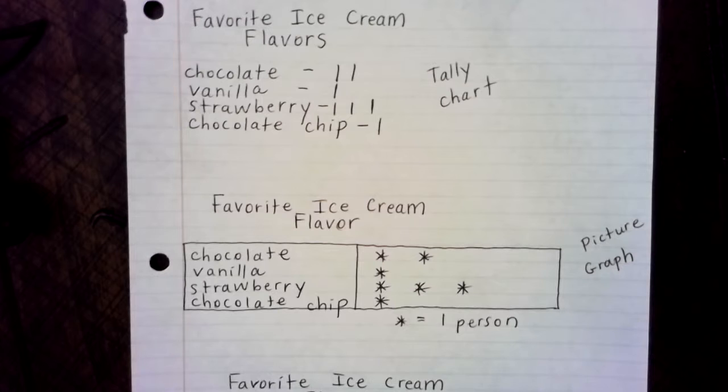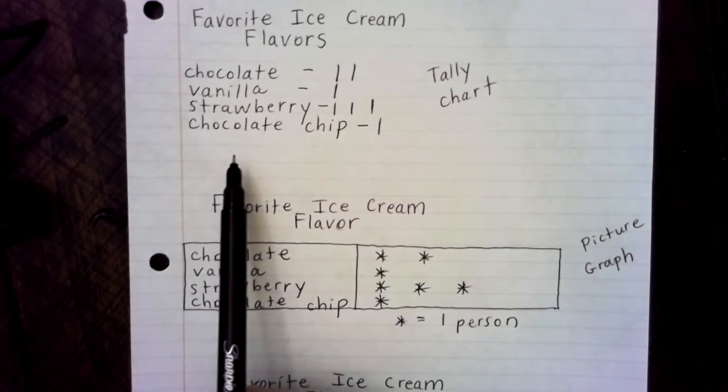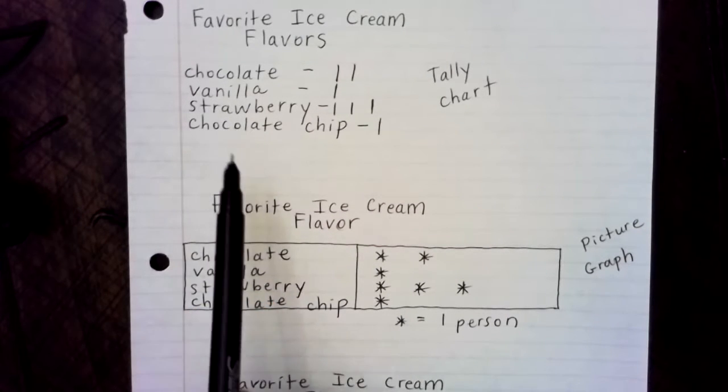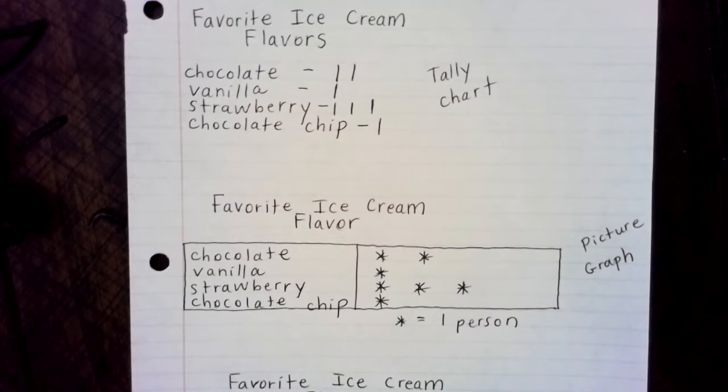You could survey the people who live in your house, and if those people don't live in your house, you might call them on the phone and ask them their favorite ice cream flavor. So let's pretend that I surveyed my family, and let's say that the 4 flavors I'm going to use for my survey are chocolate, vanilla, strawberry, and chocolate chip ice cream.